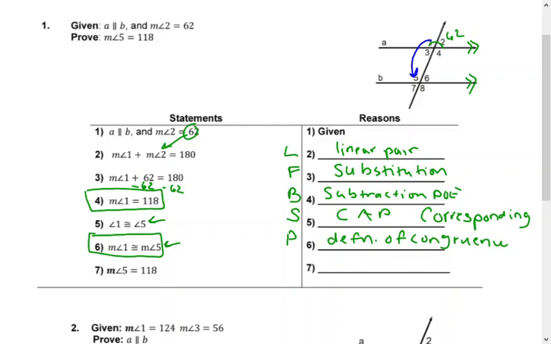And what we're going to link together is our measure of angle 1s, and we're going to get rid of those, and that's how we end up with the measure of angle 5 equals 118 right there. So that was actually the transitive property. And that was reason I.